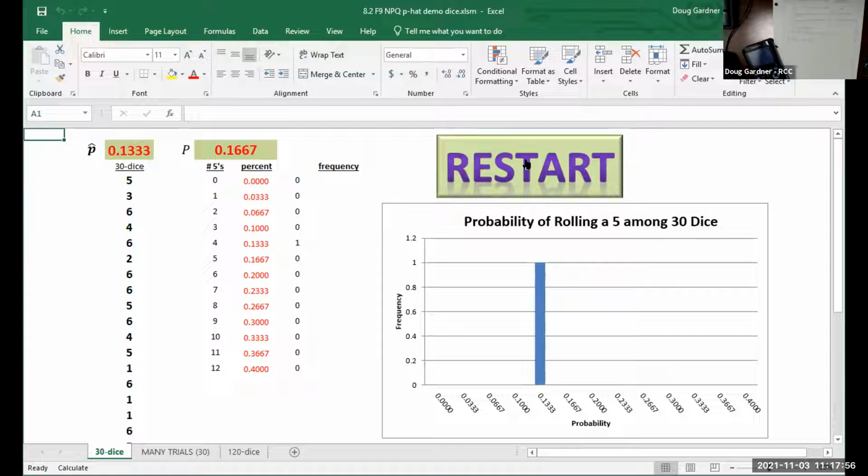Since there's one 5 on a dice with 6 sides, the probability of rolling a 5 is 1 out of 5. So, I'm sorry, 1 out of 6. So what's your calculator say 1 divided by 6 is? Probability is ways to win divided by ways to play. There's only one 5 out of 6 faces. So have that in your mind.